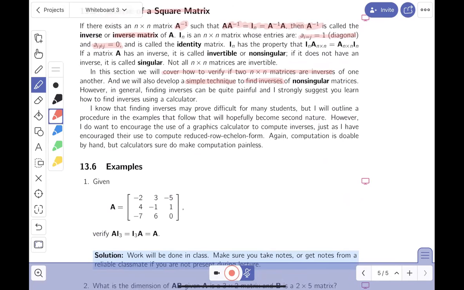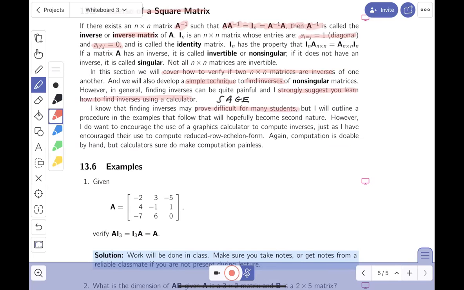However, I want to strongly suggest that you learn how to find an inverse using a calculator or possibly using Sage. It may prove difficult for many students to do it by hand.